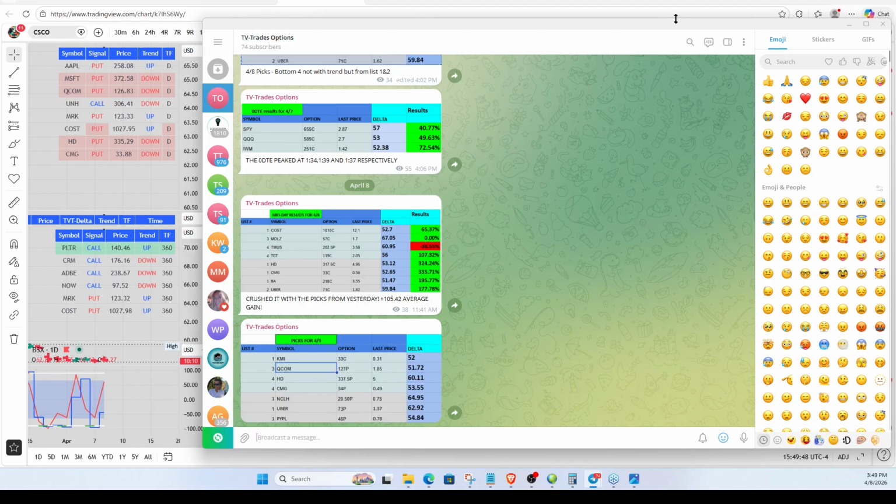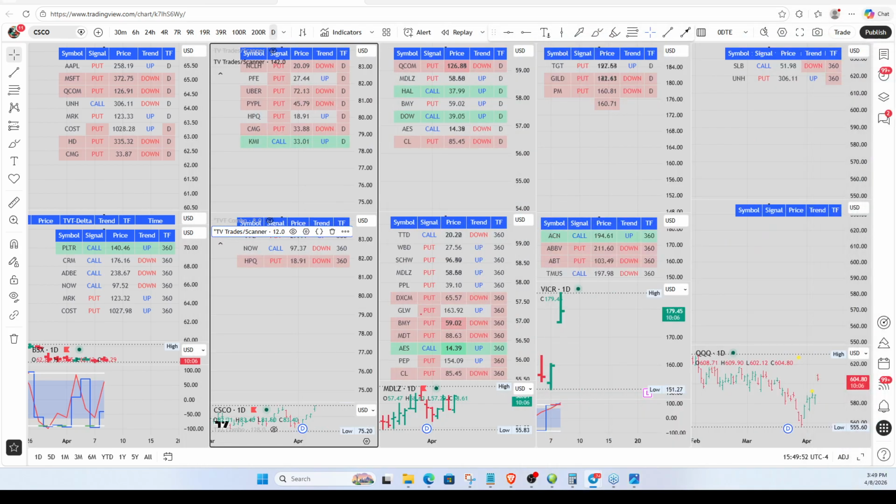So if you guys want to go make your picks on that, I'm going to bring them back over here for a second, and I'm going to place a couple of trades really quick. Hang on. So you guys are probably wondering which ones I'm going to trade. Home Depot, NCLH, and Uber are the ones I'm going to do right now. Okay.